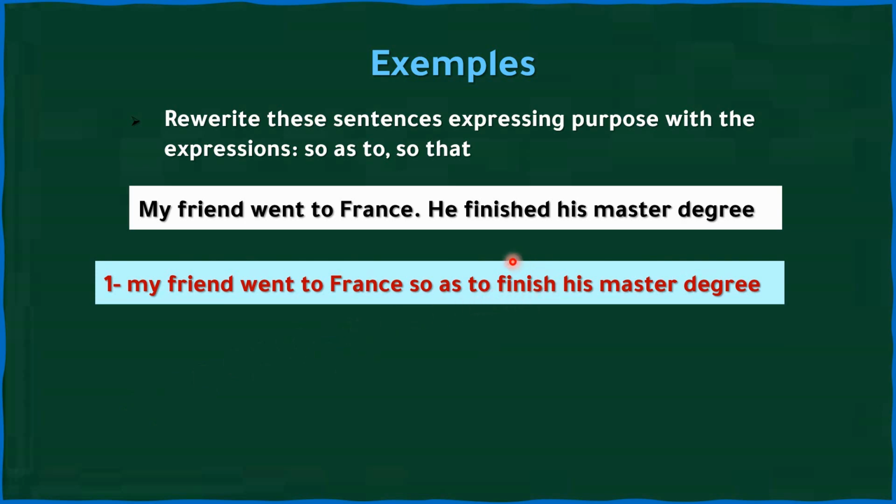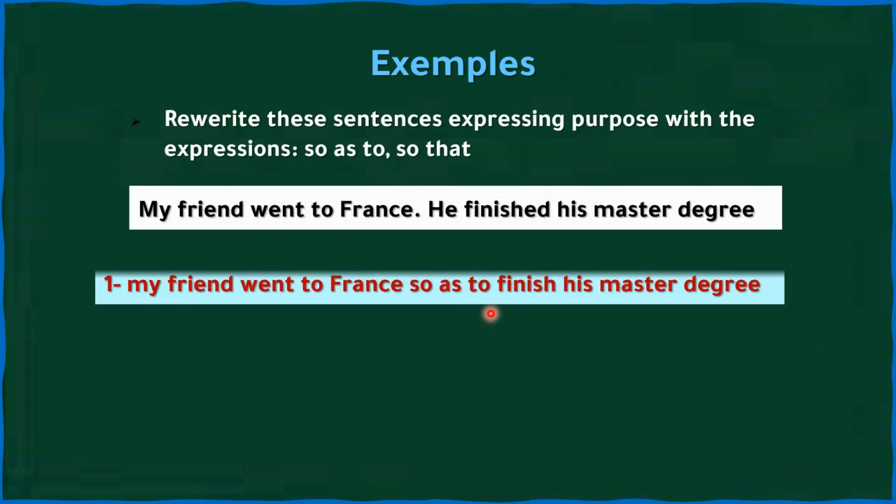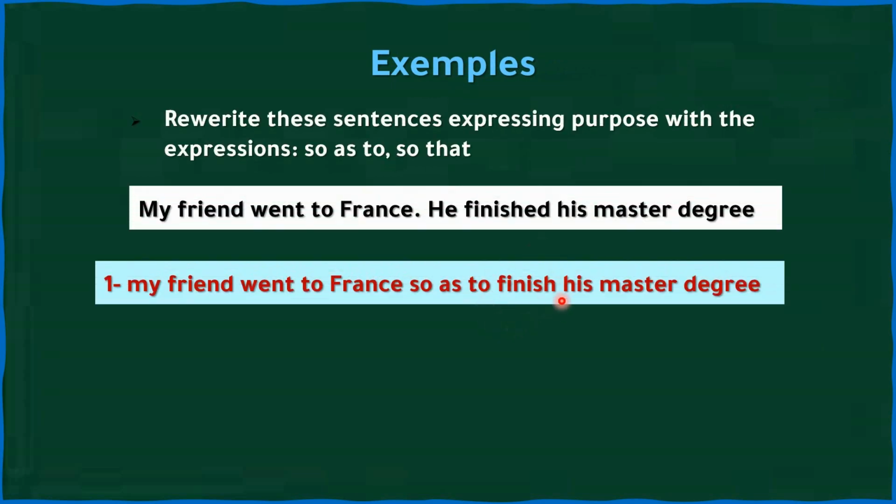Why do I always say "finish" and not "finished"? Yeah, "so as to" plus infinitive, and finish is the infinitive. And the rule says "so as to" and "in order to" plus infinitive.